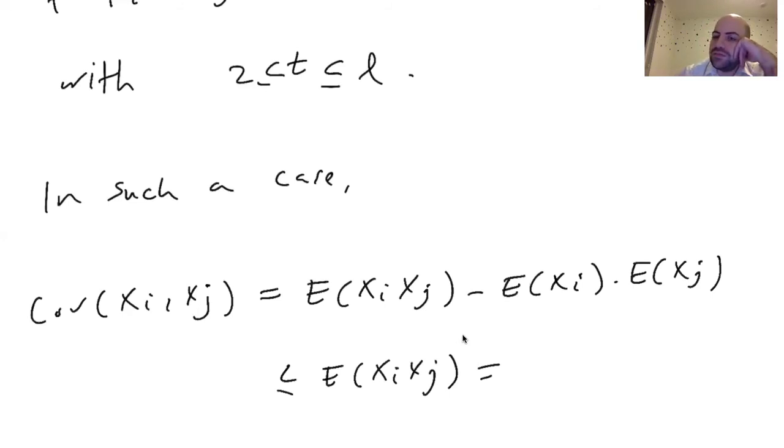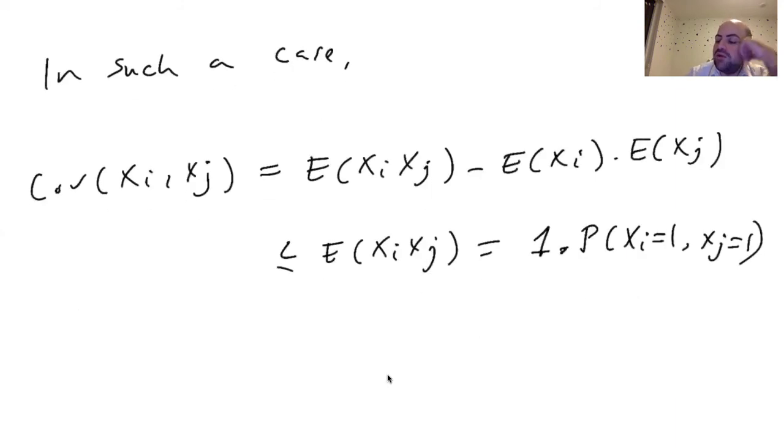So this expected value would be non-zero only if both x_i and x_j are 1. And in that case, I would have 1 times P(x_i equals 1 and x_j equals 1). Again, these are similar ideas to what we did last time, if you remember. Now, when can I say that x_i and x_j are both 1? If A_i and A_j both occur.